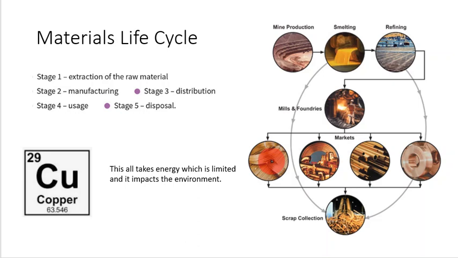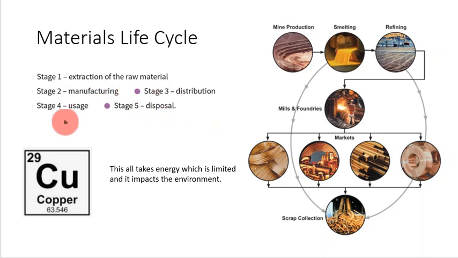You will have material suppliers that builders, electricians or plumbers will go to. They'll buy the copper pipes, and the electricians will buy the copper wiring or whatever it is that they need. So that's the distribution stage.